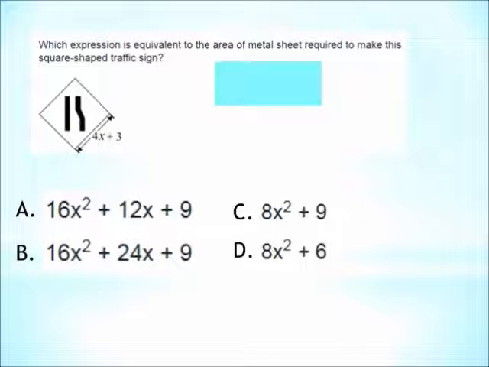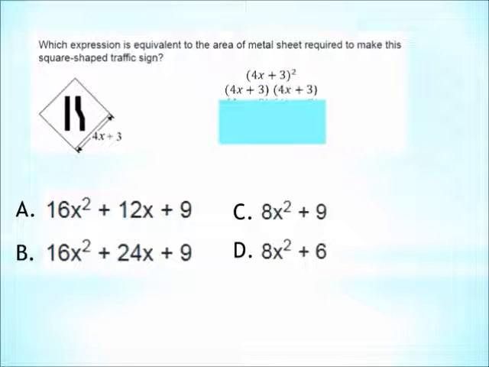Which expression is equivalent to the area of a metal sheet required to make this square-shaped traffic sign? Remember, area is length times width. We start out with, it's a square, so 4x plus 3 squared. From there, it can be represented as 4x plus 3 times 4x plus 3.